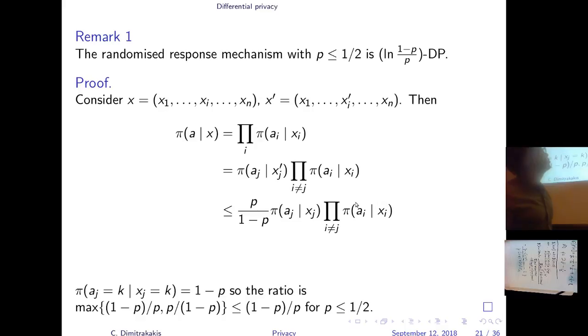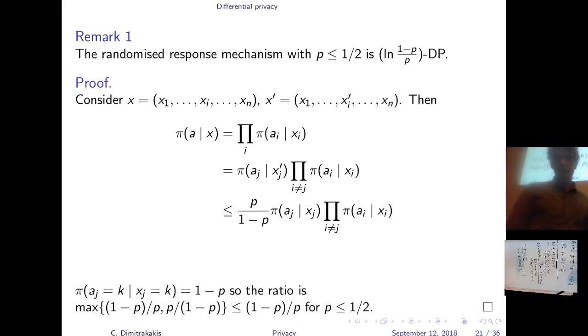So this is the same thing we have. If you take the ratio of those two things, then these terms cancel out, and you end up with the logarithm of this divided by that, and the logarithm of this. So we get the differential privacy.